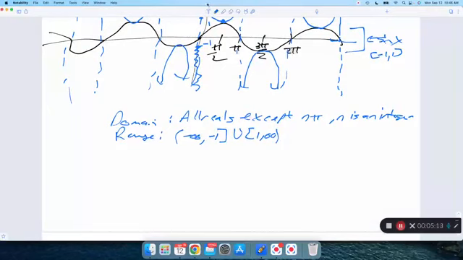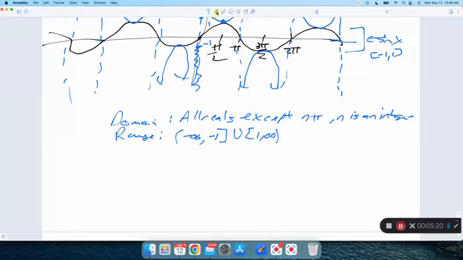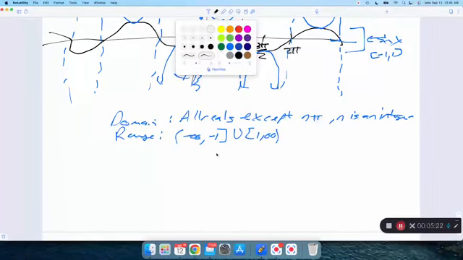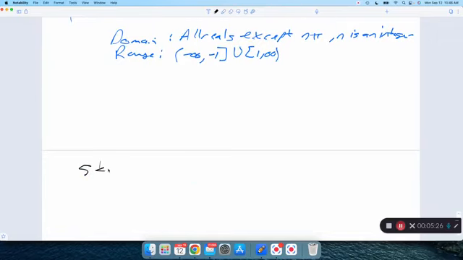Okay, so let's do an example. Let's say, I don't know, let's sketch y equals 2 cosecant 4x minus pi.